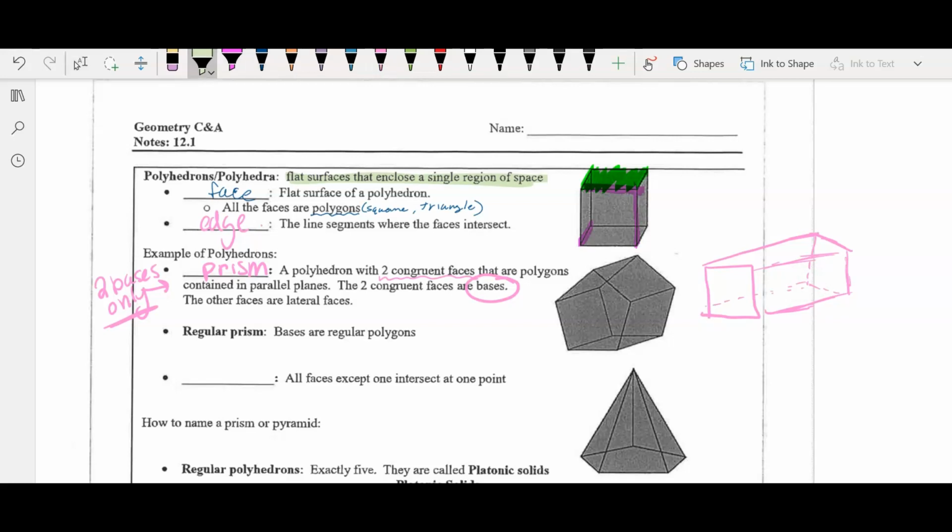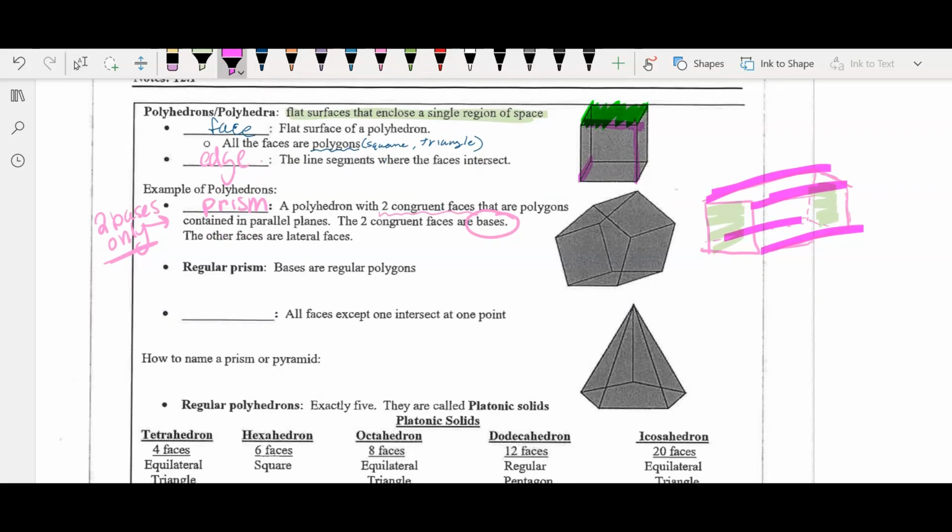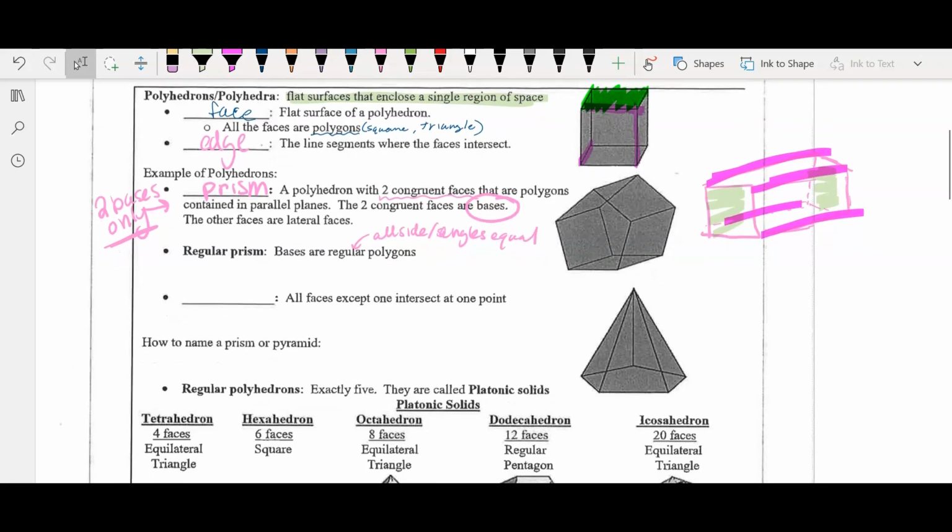Here, this would be a base, and back here would be another base, and these here are the parallel lines of our prism. A regular prism is when we have a regular polygon, so all sides and angles are congruent, I'll say equal.